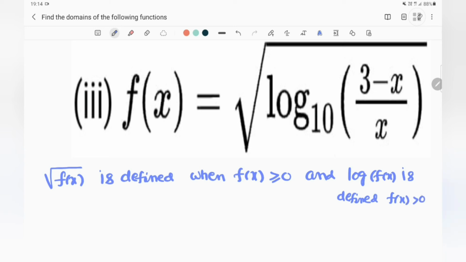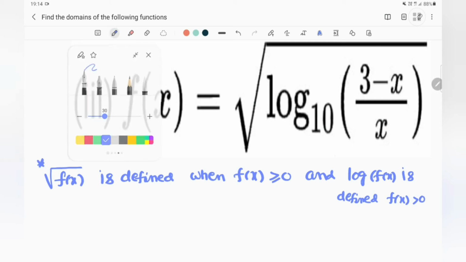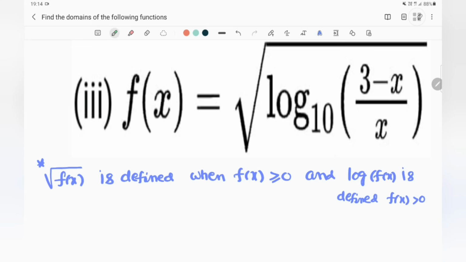So both the conditions I am going to apply here simultaneously.